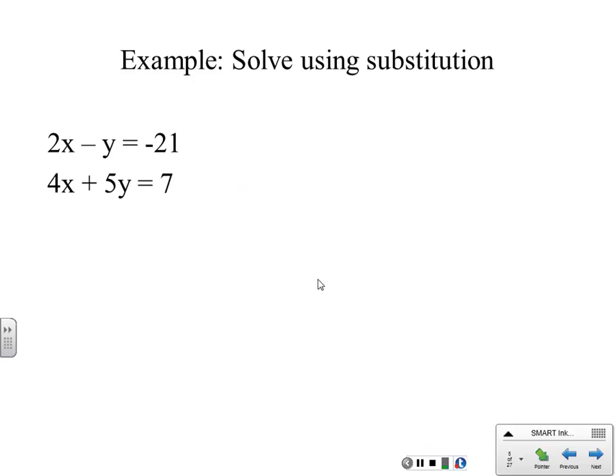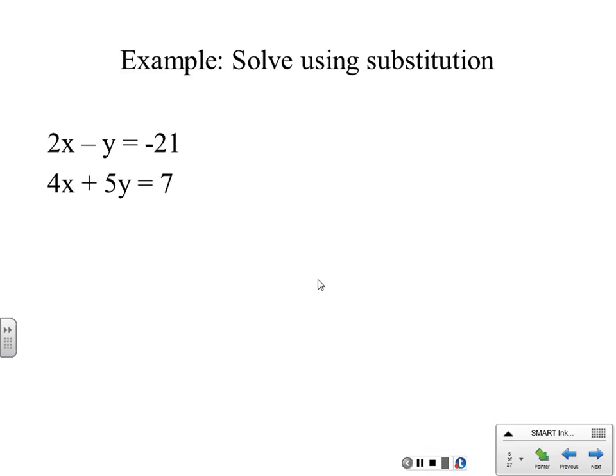Okay, so look at this one. And I'm going to give you some hints. You don't have to take my hints if you don't want to. Again, you can choose either one of these equations and solve for either one of these variables. It's up to you, okay? Like I said, I try to stay away from fractions. So when you try substitution, what I say is pick an equation that has a variable with a coefficient of 1 or -1.